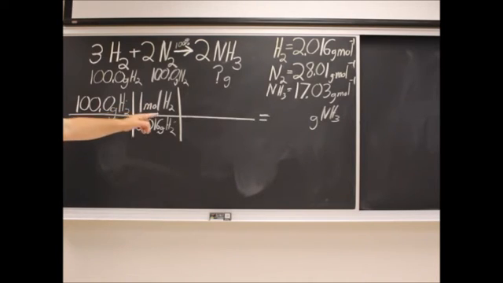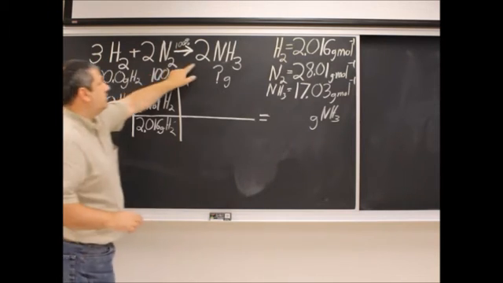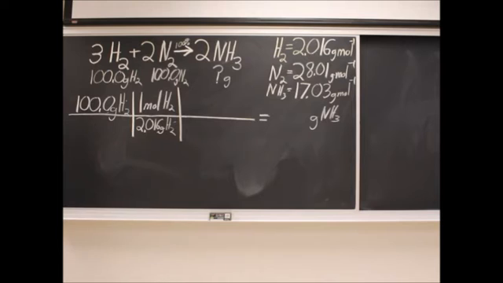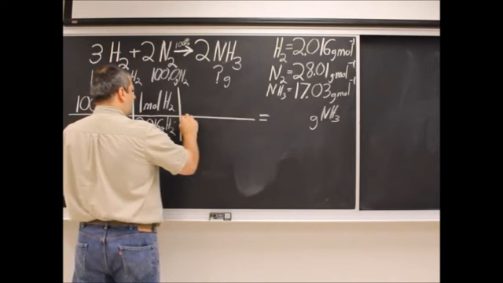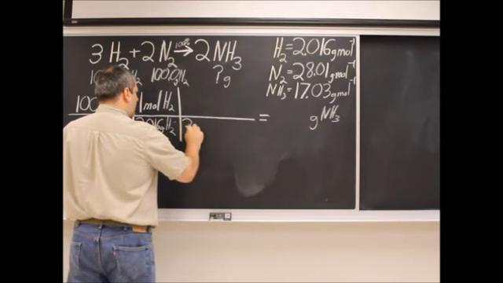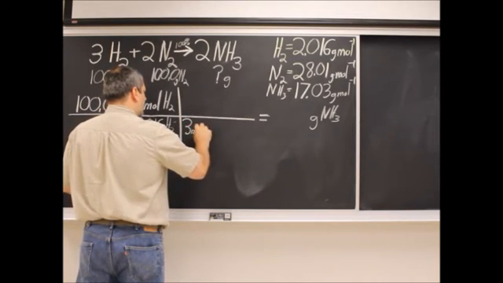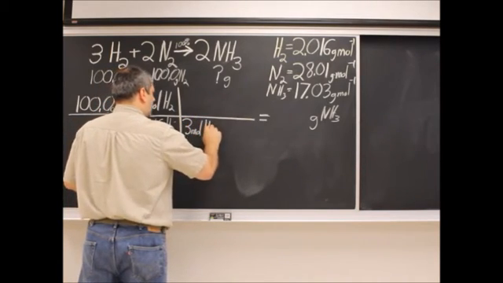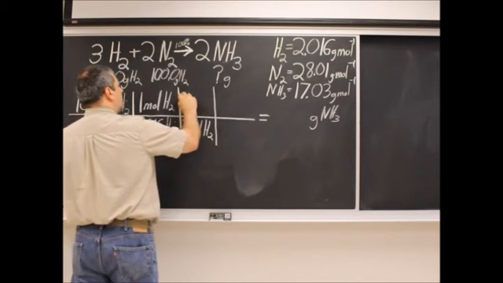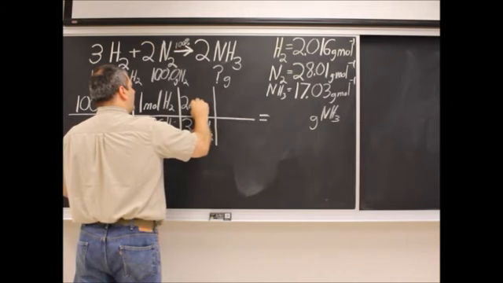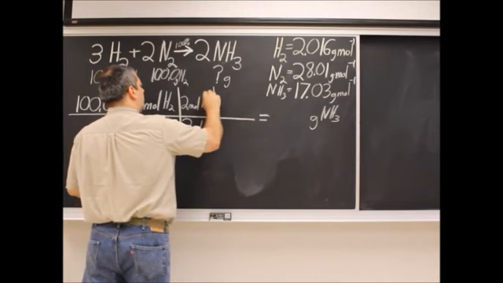We're still trying to get to ammonia, grams of ammonia, but we have this relationship, 3 moles of hydrogen to 2 moles of ammonia. So, in my factor label table, 3 moles of hydrogen is equivalent to 2 moles of NH3.